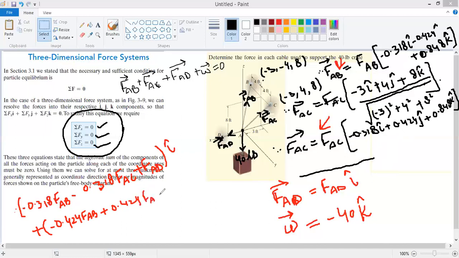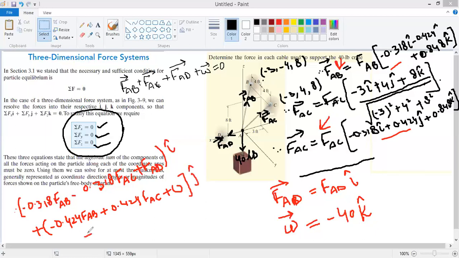Do we have any other j component? We have taken the j component from here, and from here. Do we have a j component from these? No, we do not have. So we have no other j component. This entire term is the components along the y-axis.